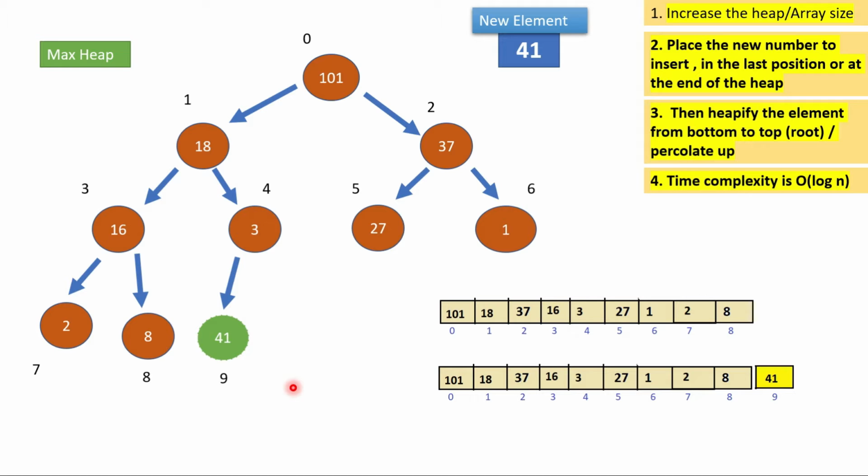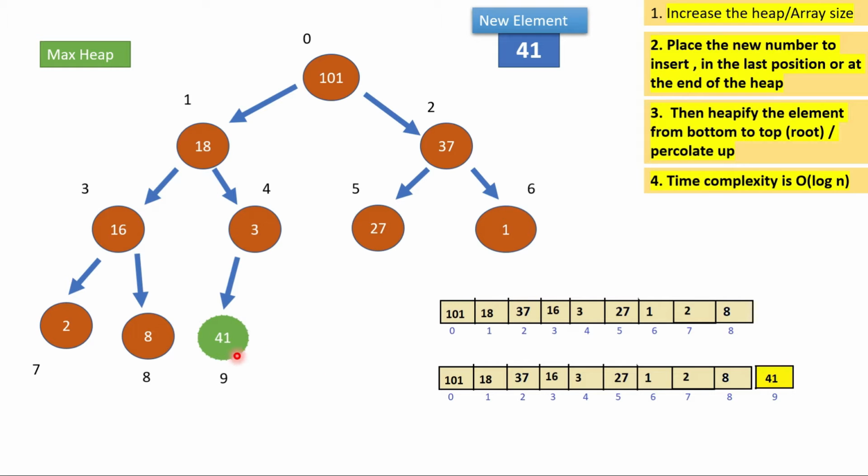Now we have to percolate up, or from bottom to top shift this one to maintain its proper position. Now you can see very easily that this is not a max heap structure anymore. As I have placed 41 here, it is not maintaining the max heap property because 3 is less than 41. So we have to construct this as a max heap again.